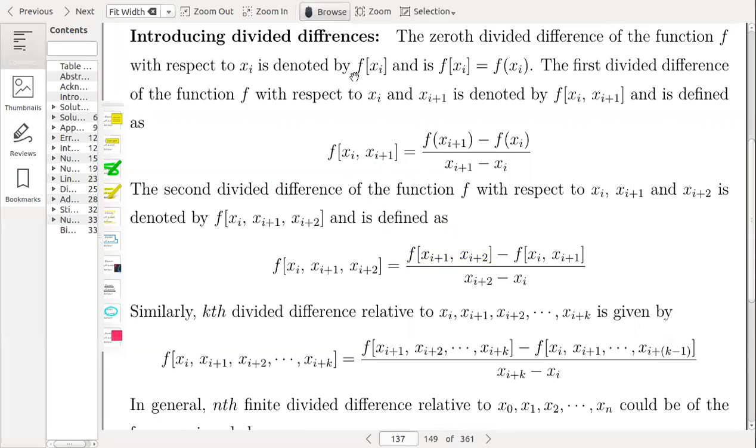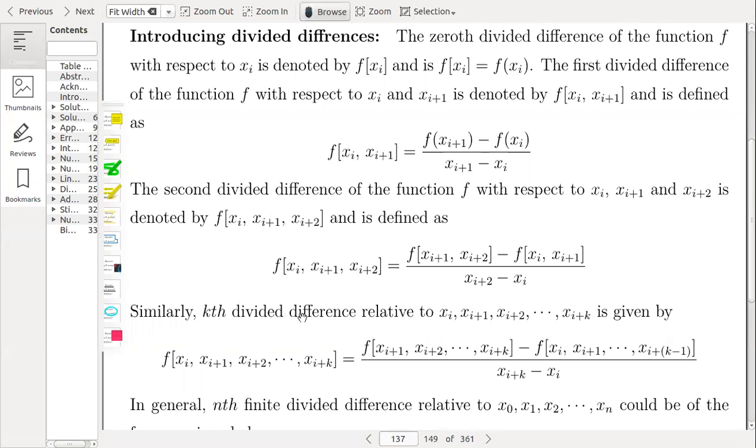So that is the thing to remember: if we are going to calculate the second divided difference, we need 3 points, xi, xi+1 and xi+2. So this second divided difference is denoted by f[xi, xi+1, xi+2] and is equal to f[xi+1, xi+2] minus f[xi, xi+1], divided by xi+2 minus xi.